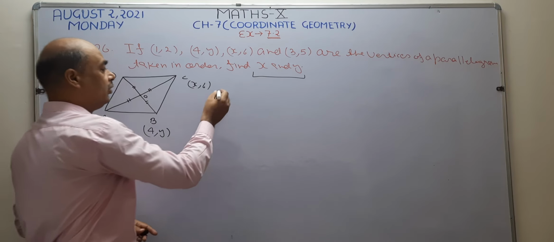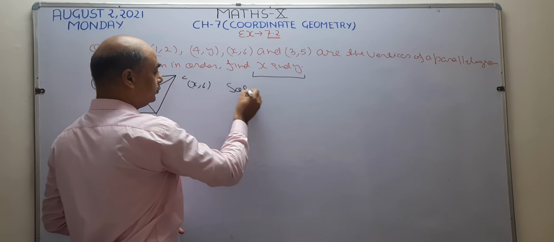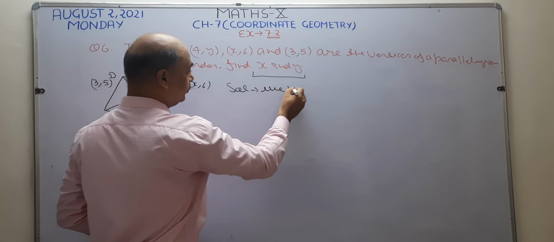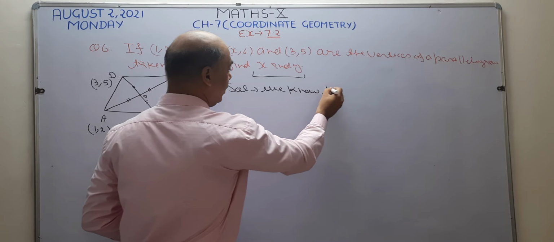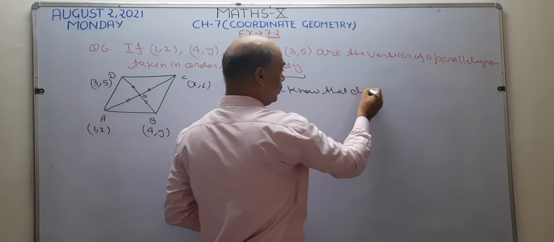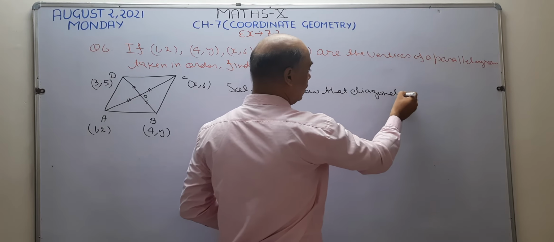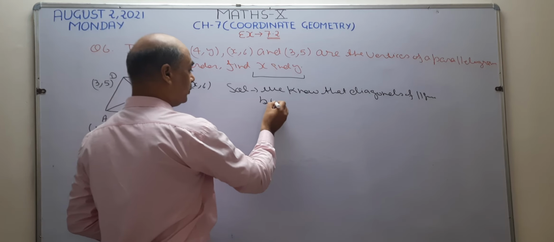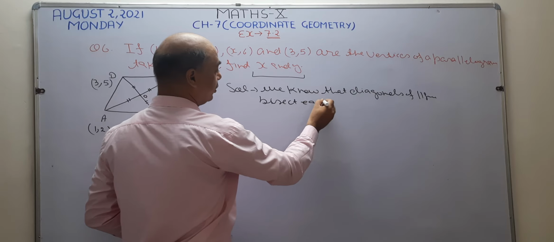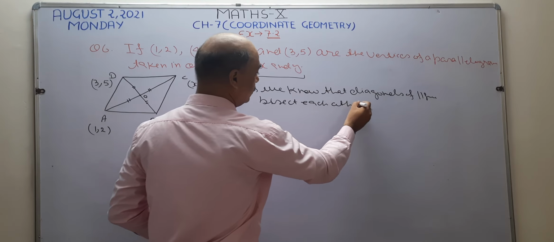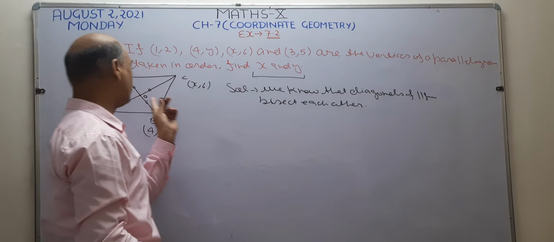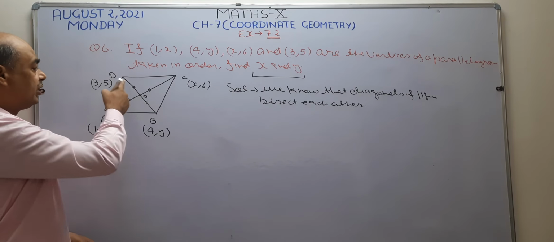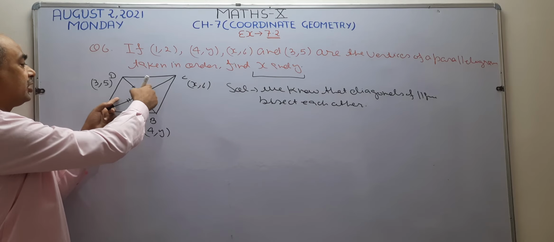So we know that diagonals of a parallelogram bisect each other. If they are going to bisect, it means both the parts are equal.